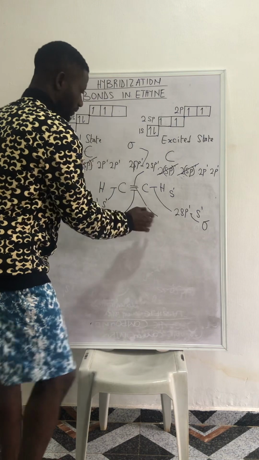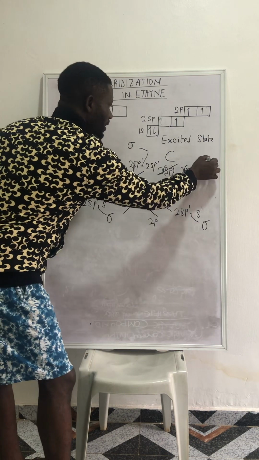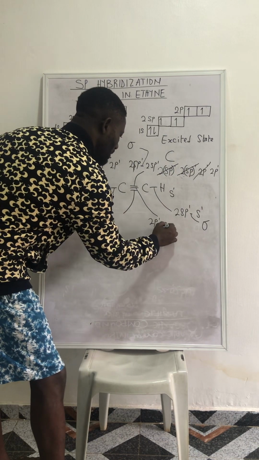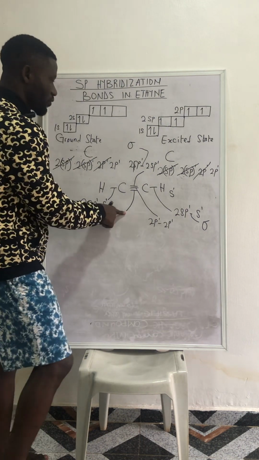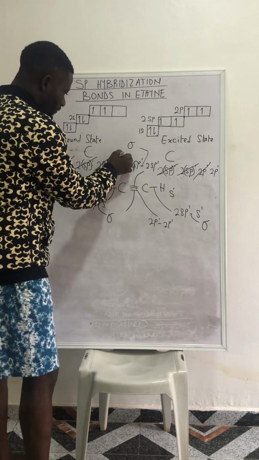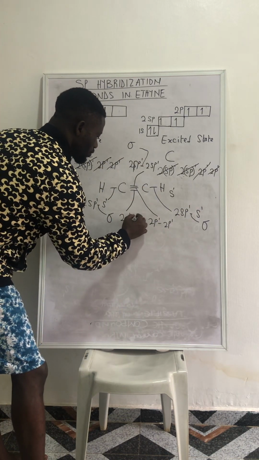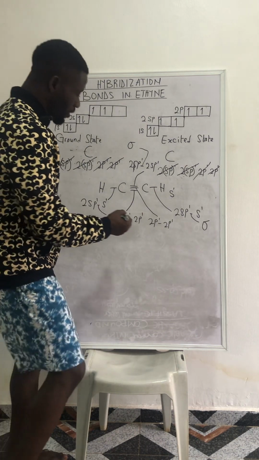For this one, we have 2p1 here, and we have 2p1 here. And for this one also, we have 2p1 here, 2p1 here. But what is the name of the orbital here?